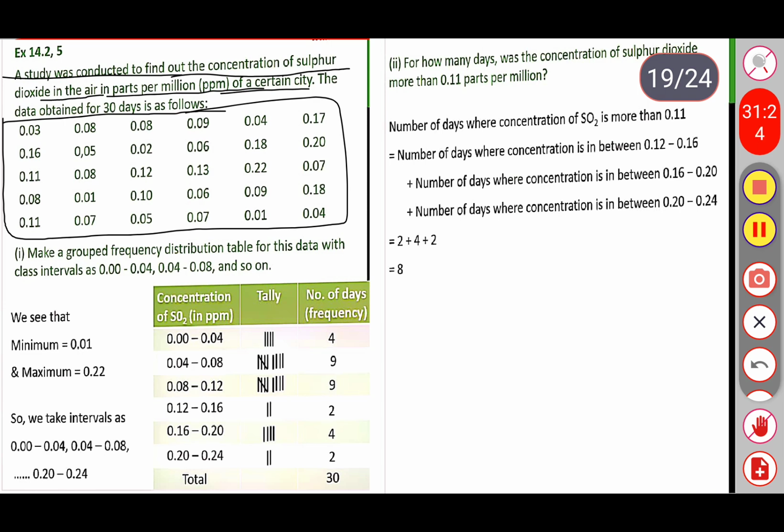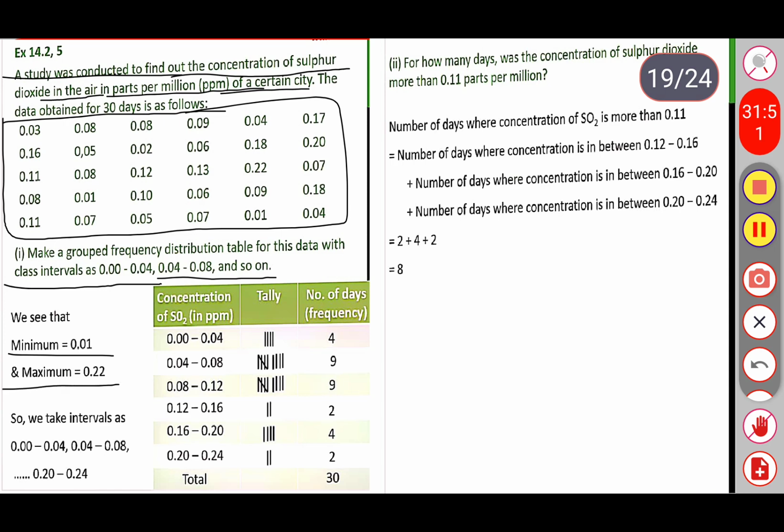Make a grouped frequency distribution table for this data with class intervals 0 to 0.04, 0.04 to 0.08, and so on. Before constructing the frequency distribution table, first observe the least value, the minimum value, and the maximum value. So the minimum value is 0.01 and the maximum value is 0.22.